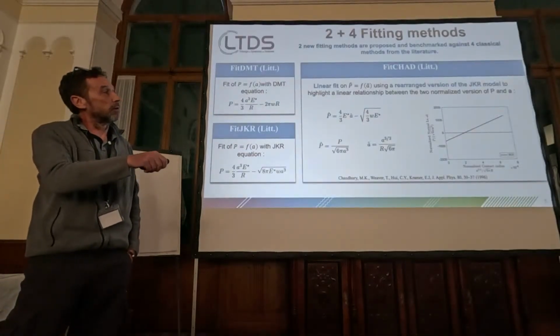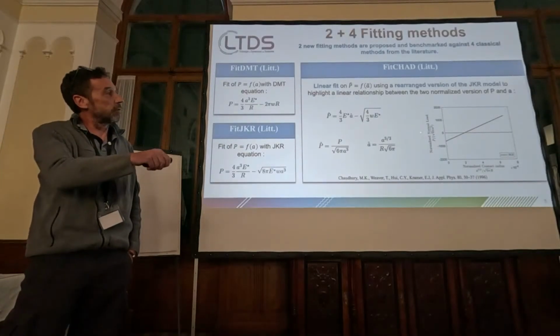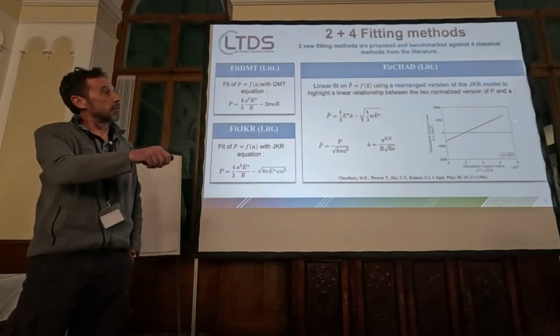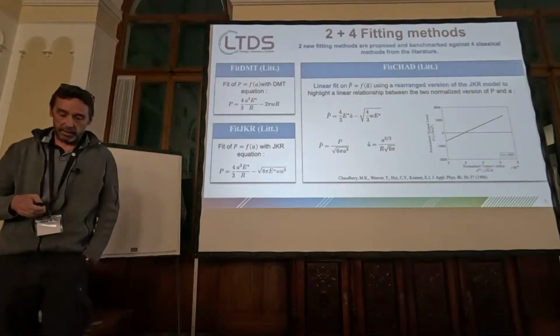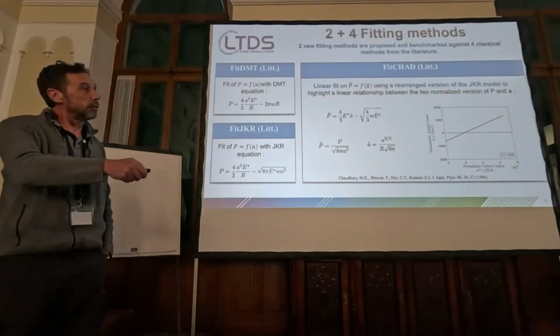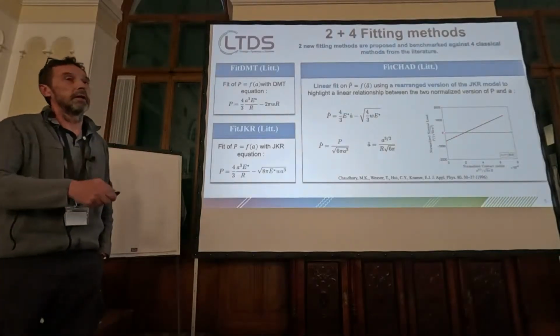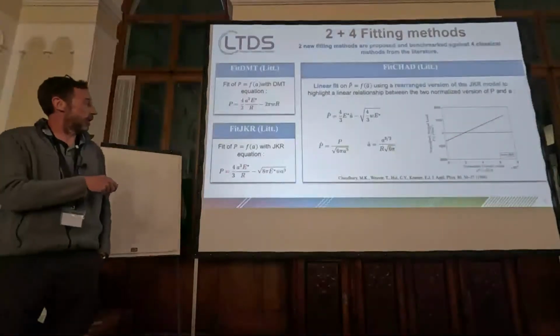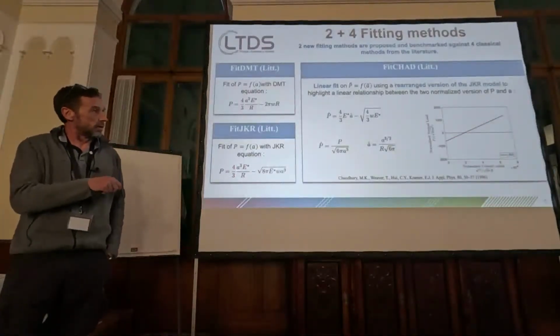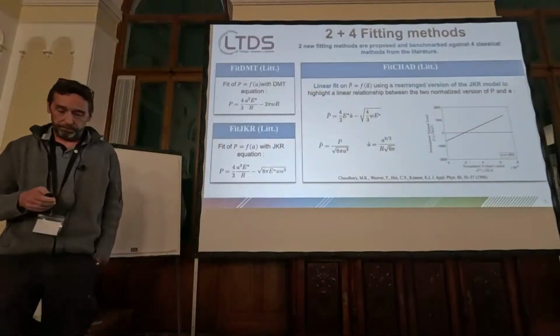And if you plot those normalized values, you see that in the JKR regime, you have a nice linear behavior. So you can do a linear fit on your data, which is a little bit more complicated than using this power equation.